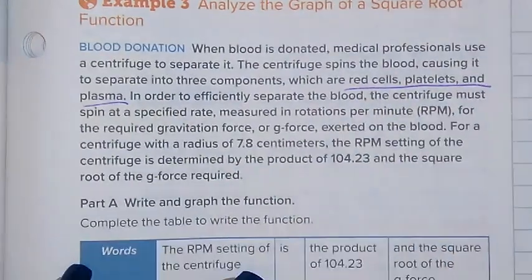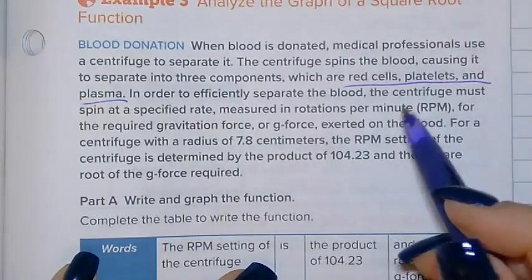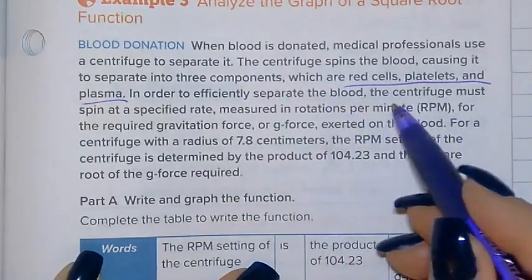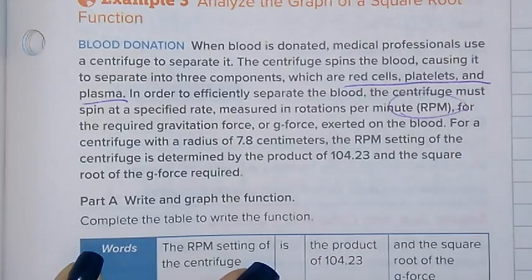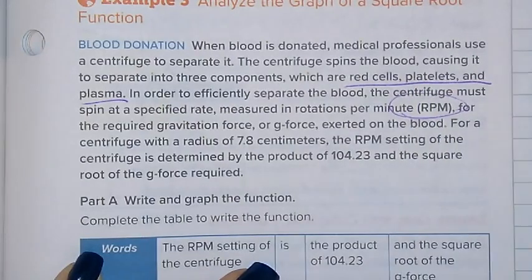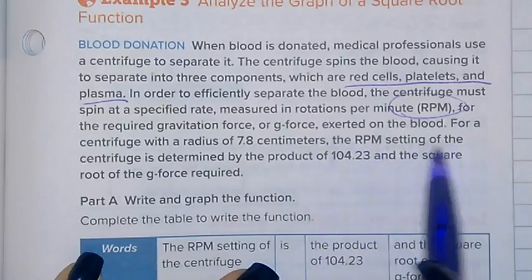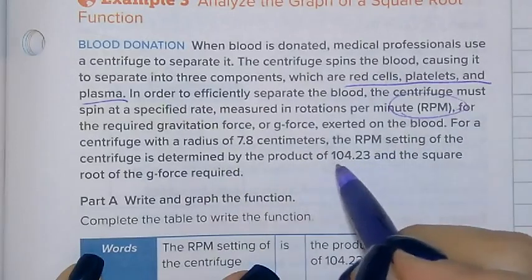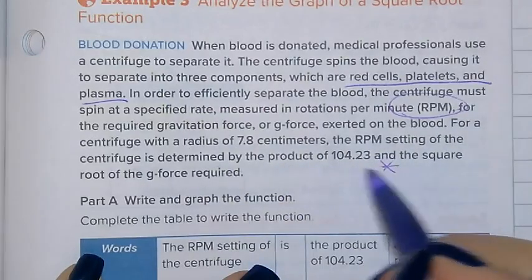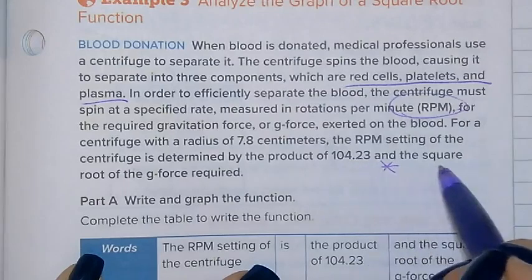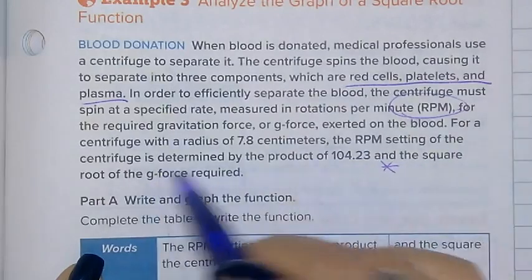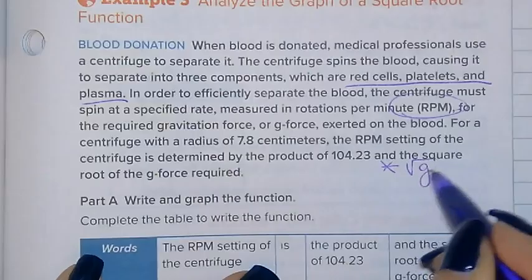Okay, so they need to have a specific RPM in order to separate these three things. With the radius of 7.8 centimeters, the RPM setting is the product, so it multiplies 104.23 times the square root of the g-force. Okay, so that will give us RPM.